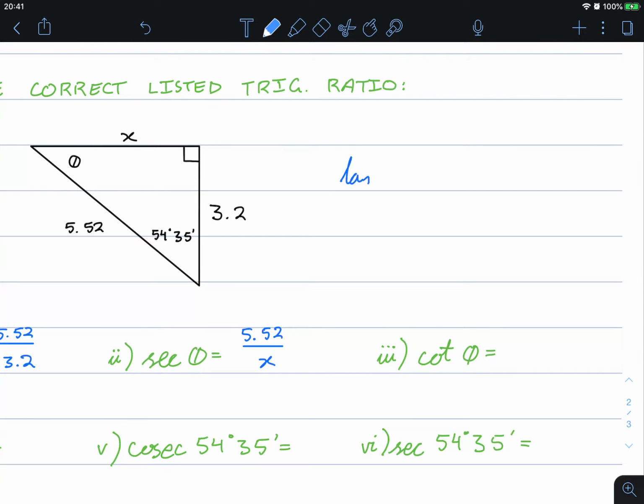And in case the previous example didn't make much sense, we'll do an example here. Tan theta from here is going to be 3.2 over x, which means cotangent or cot theta is the reciprocal of this ratio as well. So this is going to be x over 3.2.